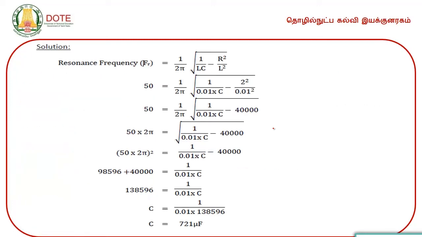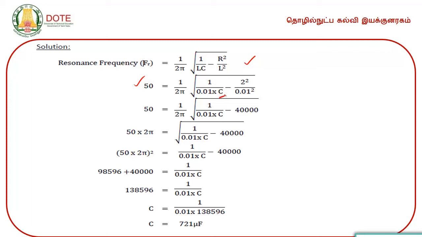Now, the value of resonance frequency is 1 by 2 pi square root of 1 by L C minus R square divided by L square. The resonance frequency value is already given, which is 50, so 1 by 2 pi square root of 1 by, what is the L? It is 0.01.